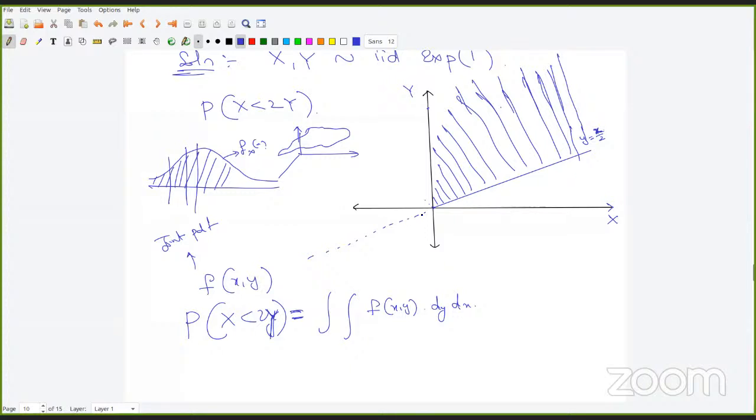You take one variable as independent and the other as dependent on it. If x is independent, x can take values from 0 to infinity, right? This region covers all the values from 0 to infinity.